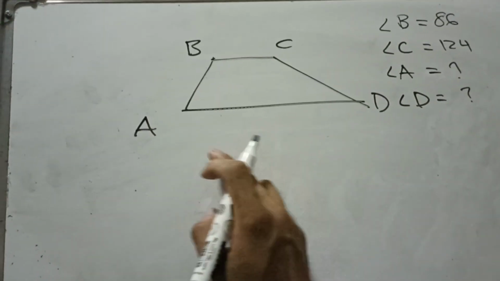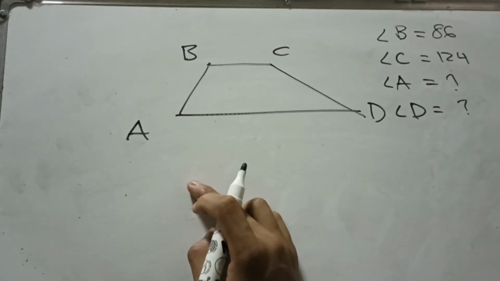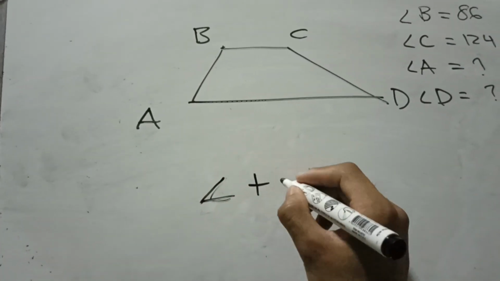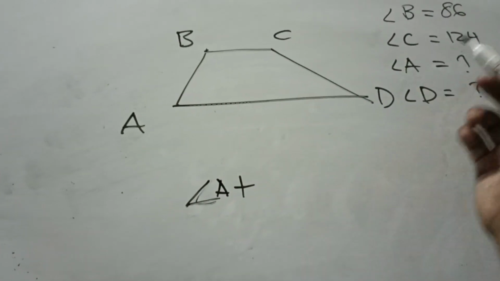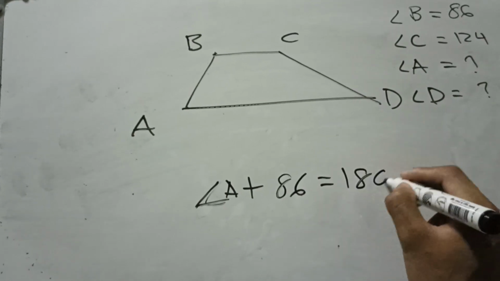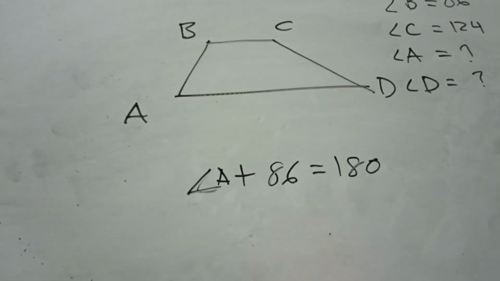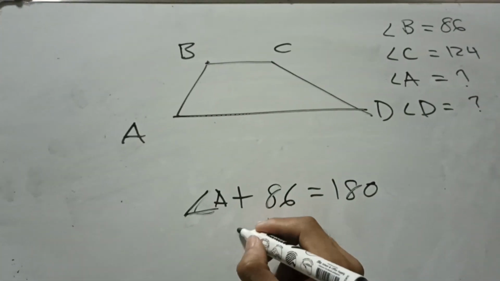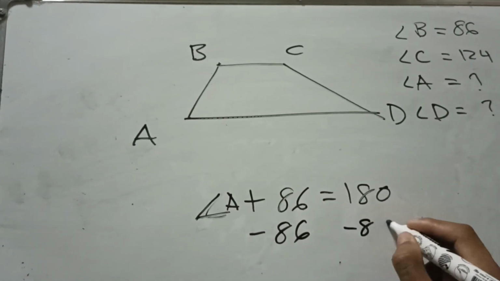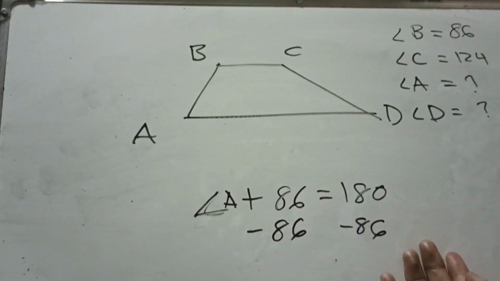Now, we all know that angle A and angle B, if we add them to each other, will be equal to 180. So if we write angle A plus angle B, which is 86, is equal to 180, we can simply solve for angle A with this equation. Basically, all you have to do is minus 86, or transpose 86 to the other side.